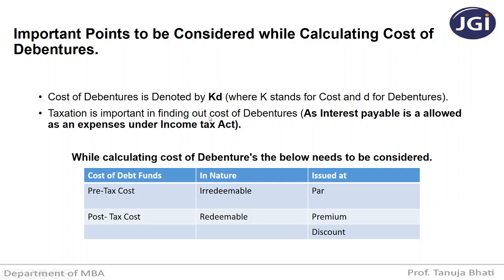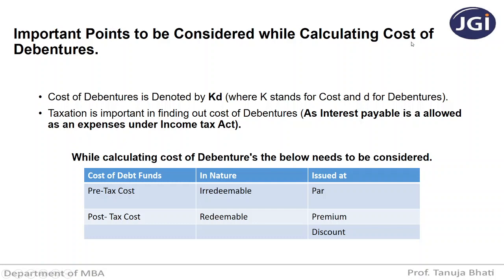So the cost of debentures, in this case, is the interest payable to the debenture holders. That is an expense to the company. When the company pays the interest to the debenture holders, it is an expense on the part of the company. So the government is saying such an expense is allowed to be deducted from the income and then tax has to be calculated on the remaining income.